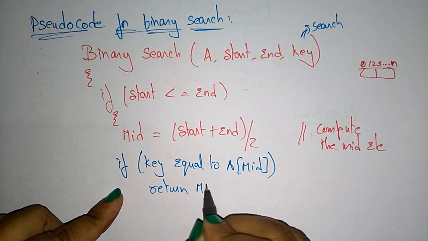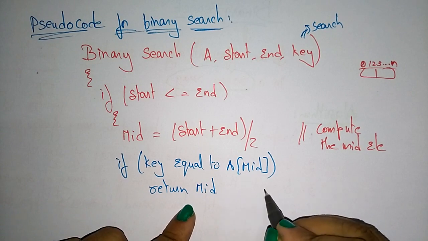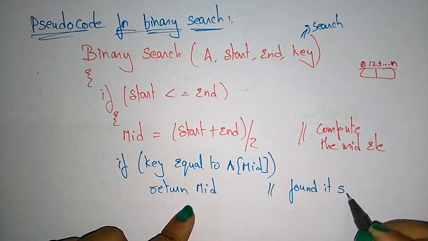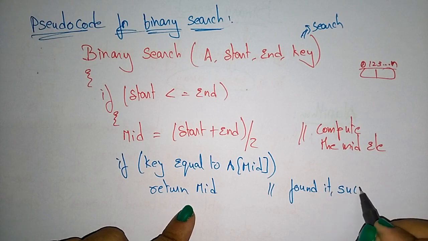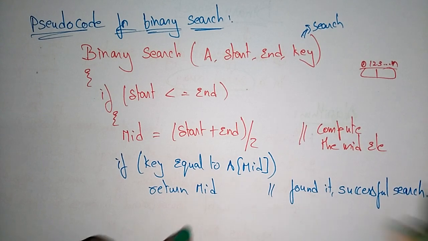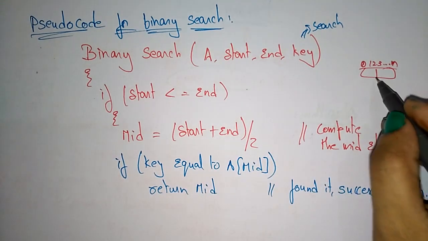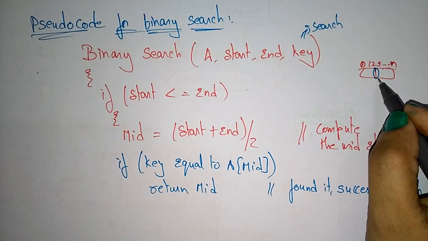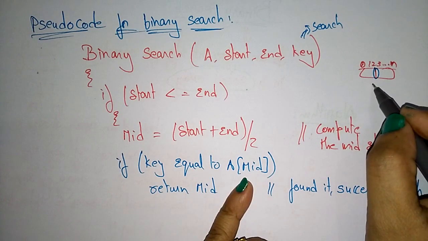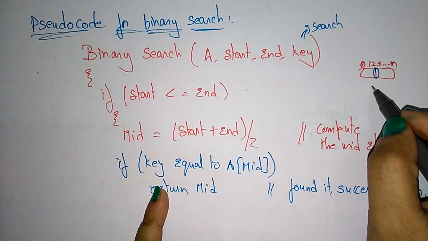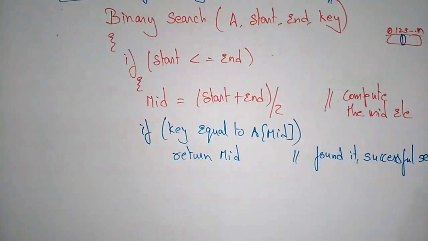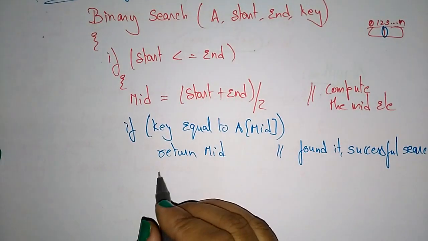This is a successful search, meaning the element is found. Whenever we divide the array into halves and the A of mid value is equal to the key value, we simply return the mid value, and you can say it is a successful search.